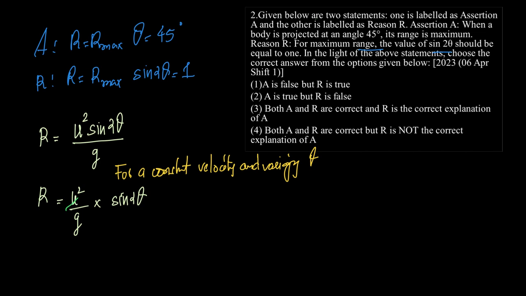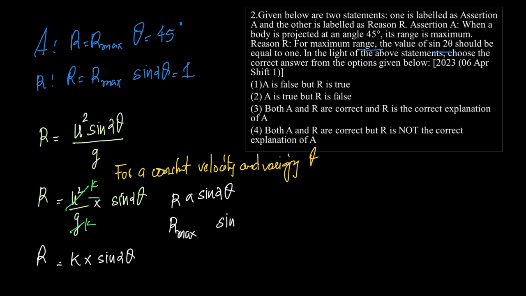Now see, u square is a constant, g is a constant, so constant by constant, r is equal to another constant k into sine 2 theta, which means r is proportional to sine 2 theta, which means r would be maximum when sine 2 theta is maximum.